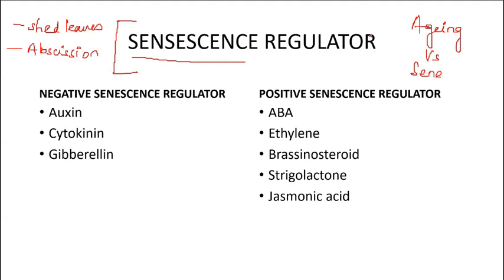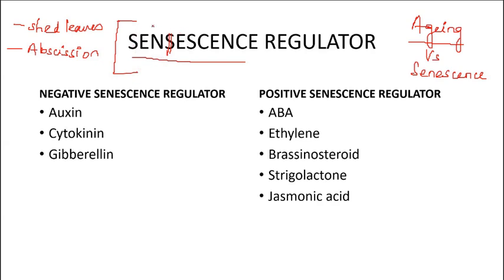To protect themselves from certain environmental conditions, from any kind of stress. The extra organs they shed, they form an abscission layer to separate the unwanted leaves, to separate the diseased organ from the main plant.